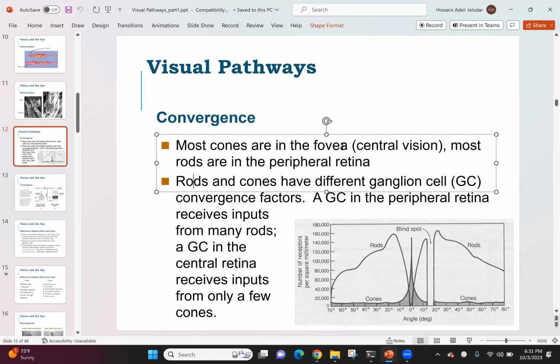Like an E and an A, if it's in the periphery, you cannot tell which one it is. But if you're looking at it, you could tell which one it is. So it's at a high resolution when you're looking at it. Does that make sense to everyone?